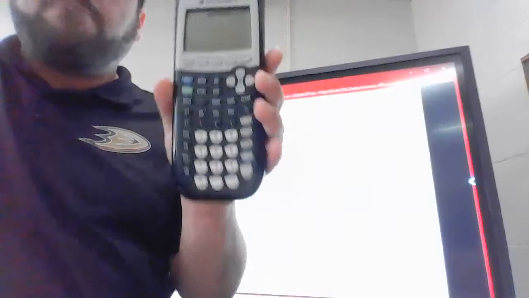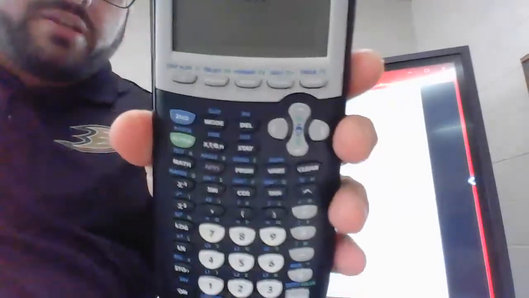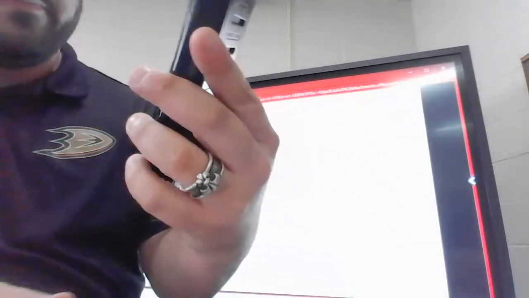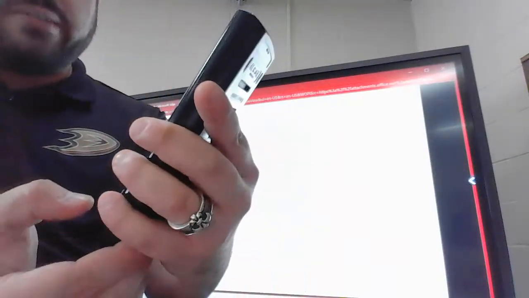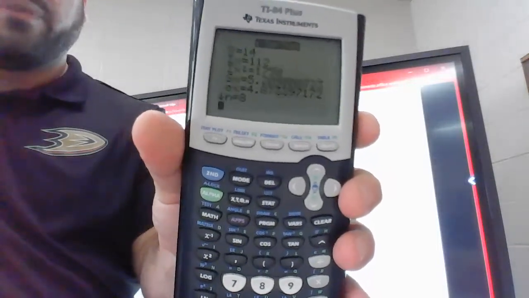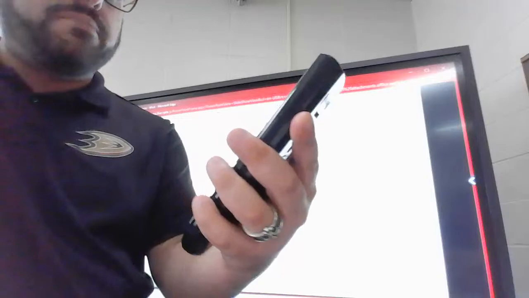Now, if you have more than one list and you want to switch to say L2, you're going to press the second button and the number 2. And then voila, you'll get data for L2. We're going to go back to L1 and we're going to press enter until we get something that looks like this. Okay. Now, what does all this mean?